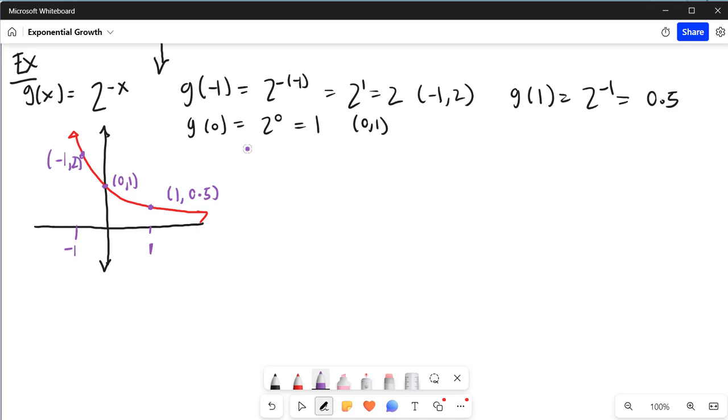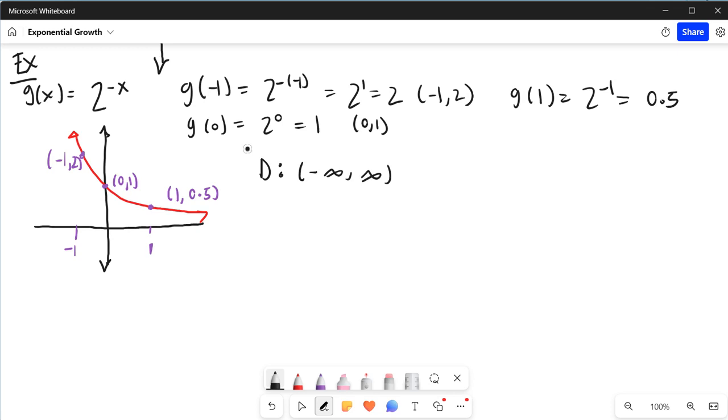So here we have our graph of f of x, or in this case, we're saying g of x. Okay, so here is our graph of g of x, and we can see that it still has the same shape. In this case, it's decreasing as we go on its domain. If we wanted to specify things about the domain, we could say, well, did the domain change? It did not, based on the graph.